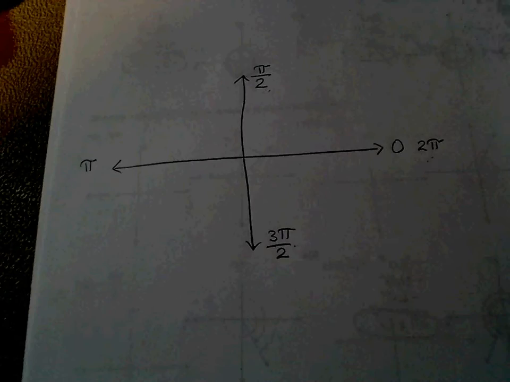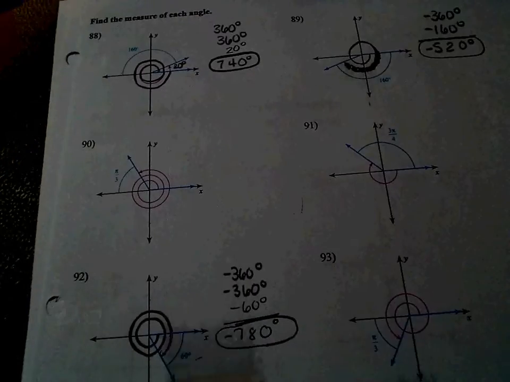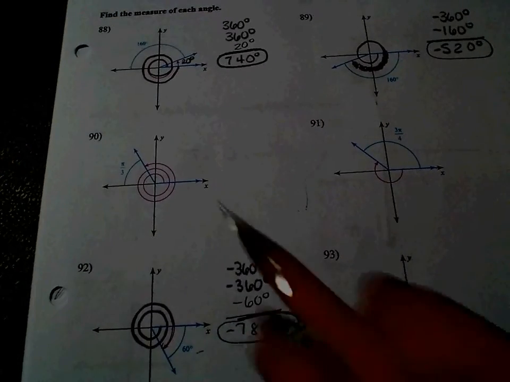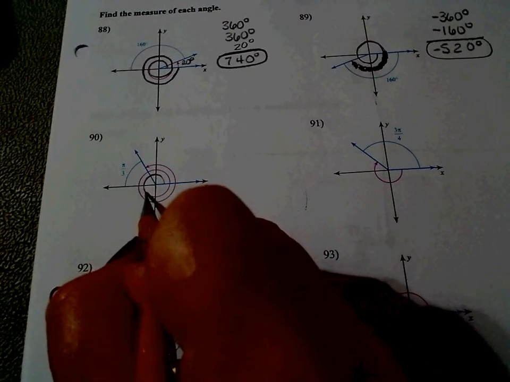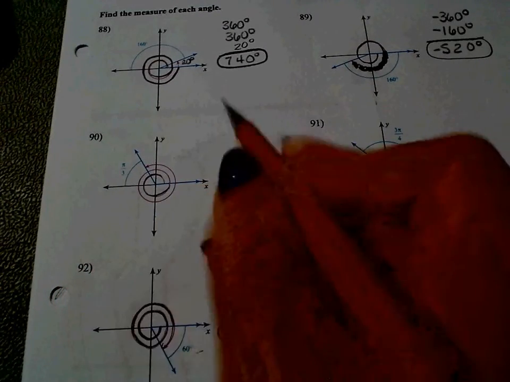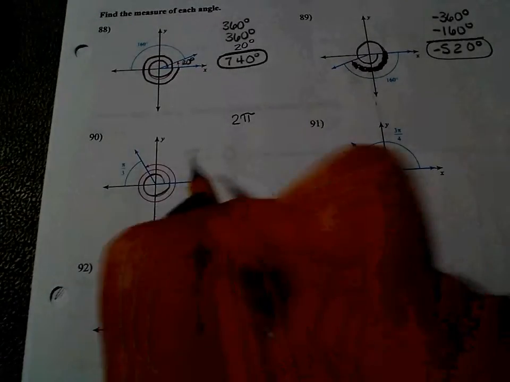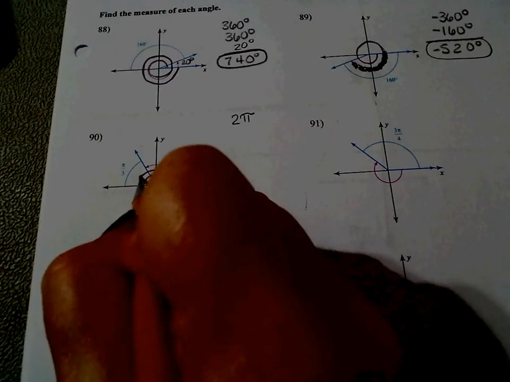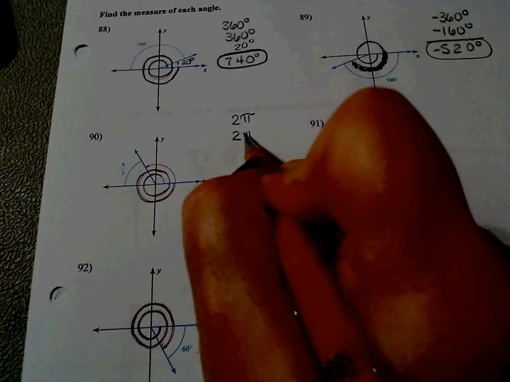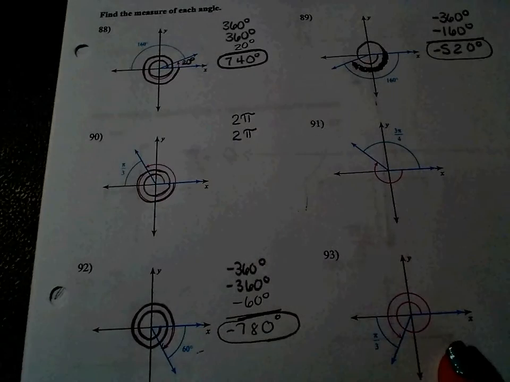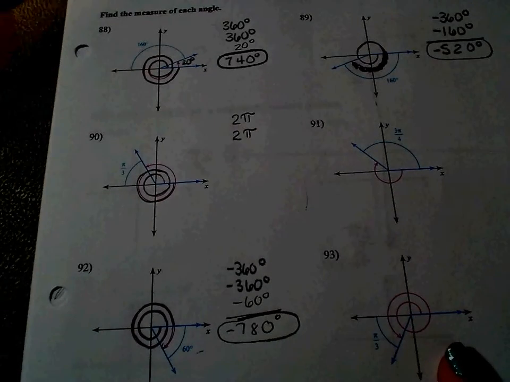Okay, going back to this side. Figure out if we're going positive or negative. We are going positive. All the way around once is 2 pi. Let's see where we go then. We go all the way around again, 2 pi. Now here is where you're going to have to think.